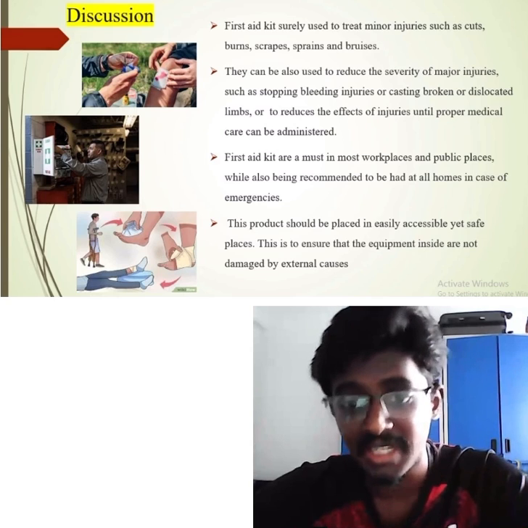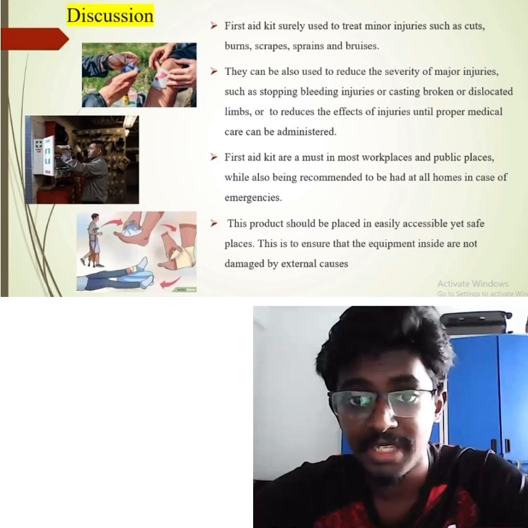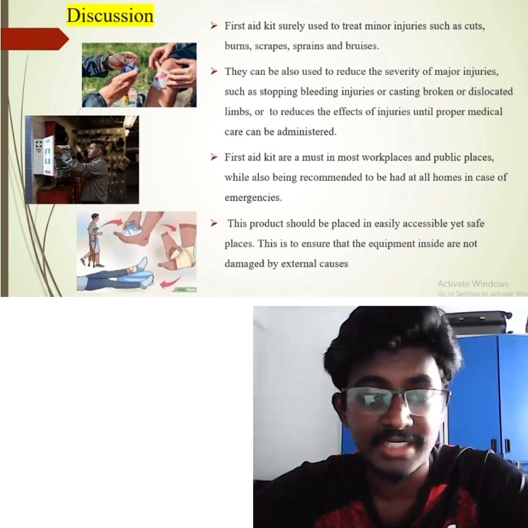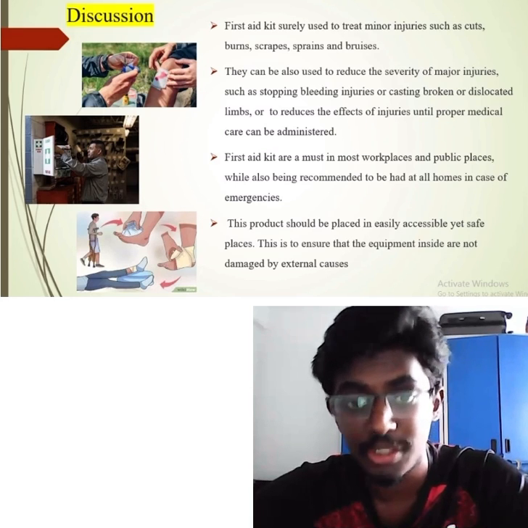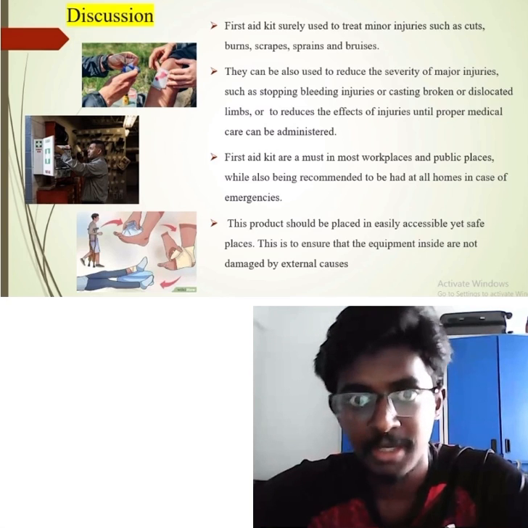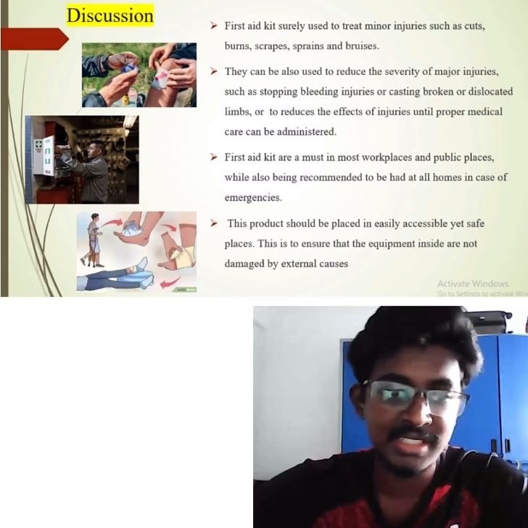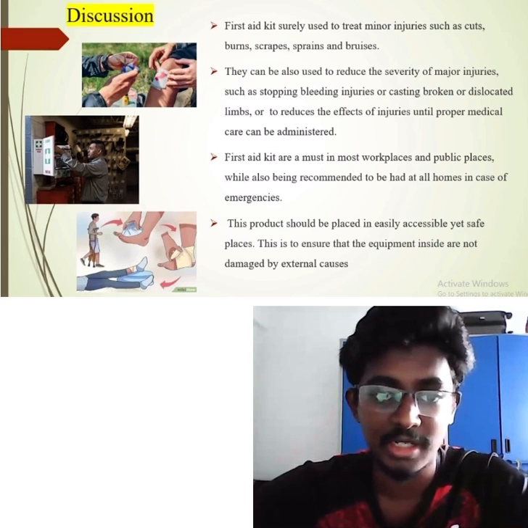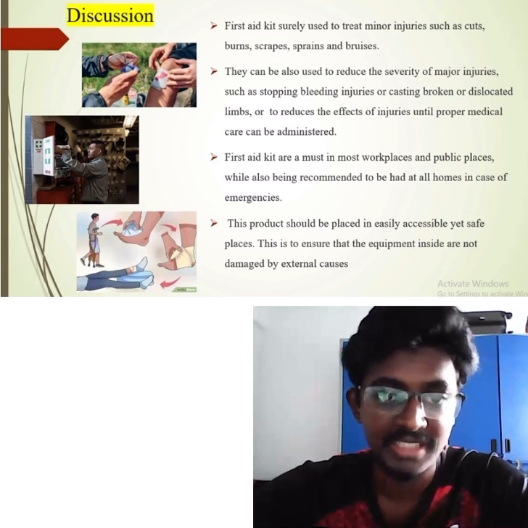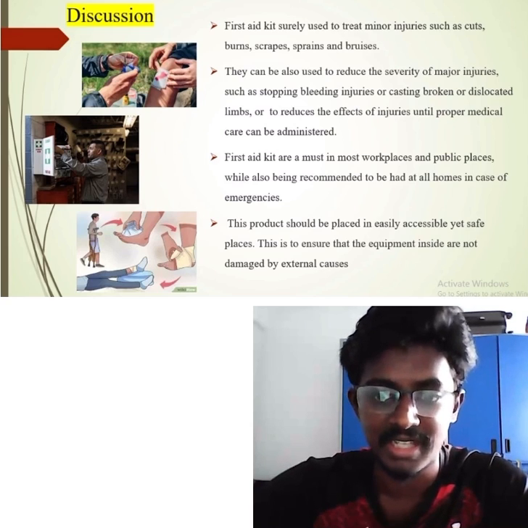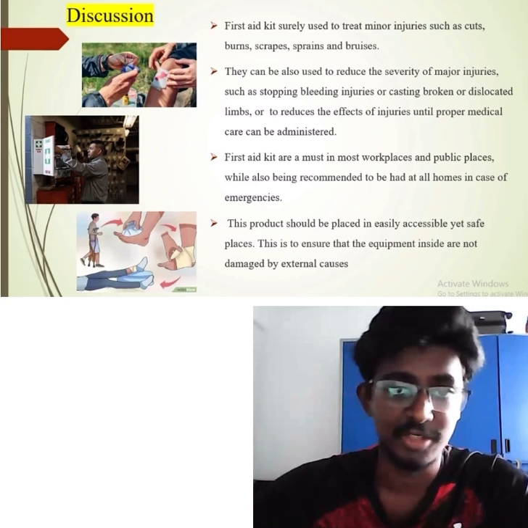And this being said, there are also certain objects such as antiseptics and non-alcoholic swabs, which are liquid substances that can actually damage things such as the cloth gauze or the bandages and plasters that are present inside the first aid kit in the first place.